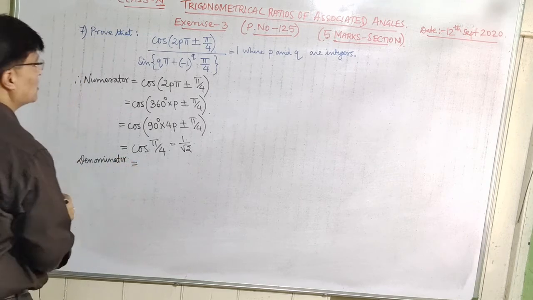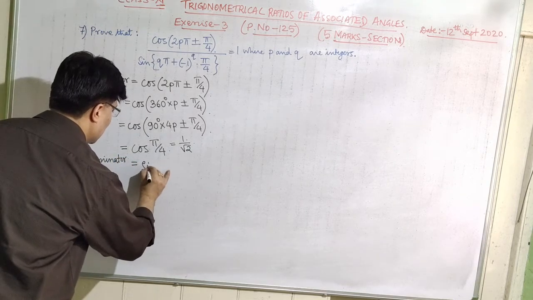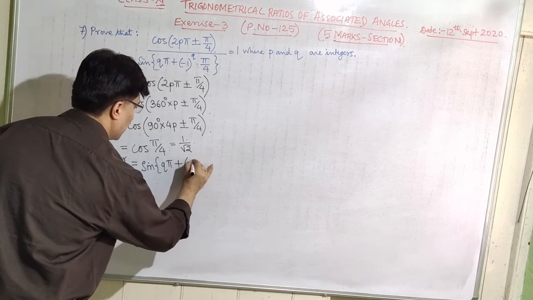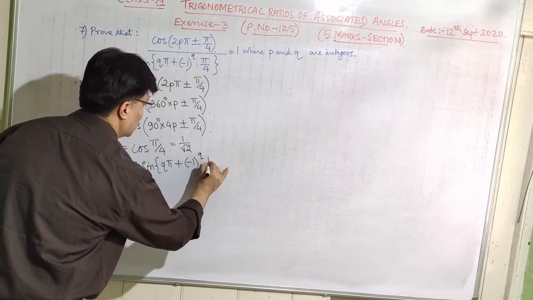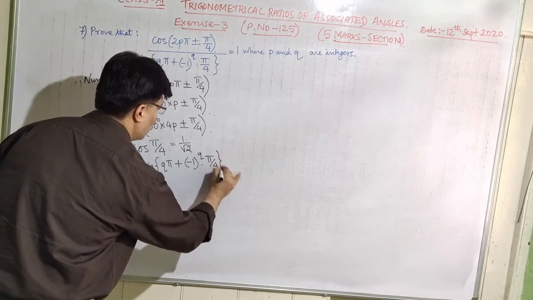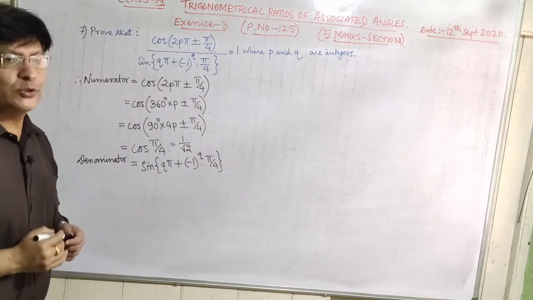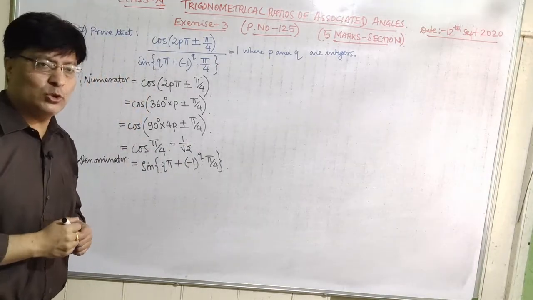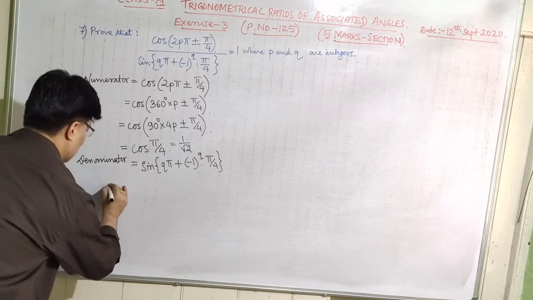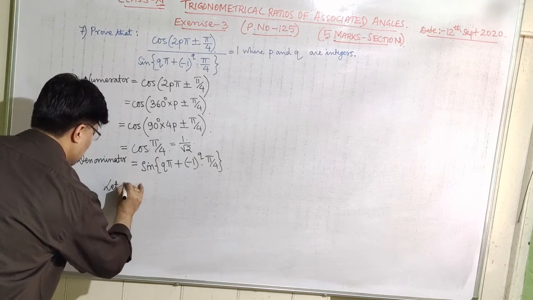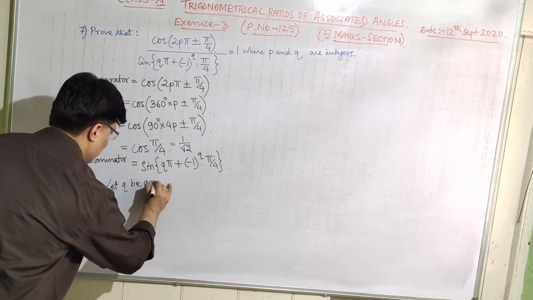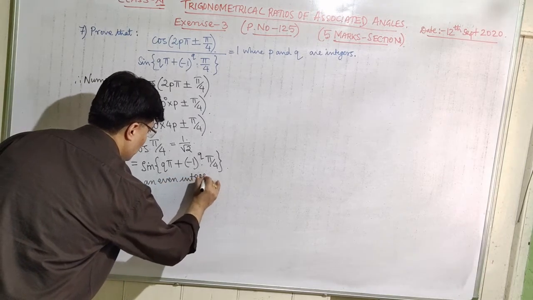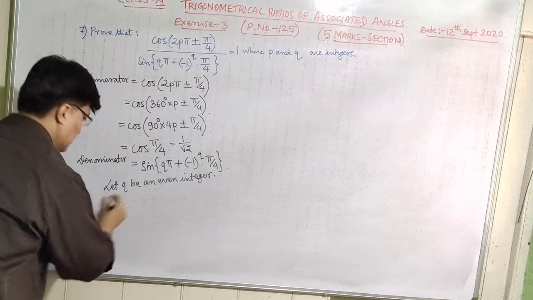So what is the denominator? It is sine of q pi plus minus 1 whole to the power q into pi by 4. Here q is also an integer. Let us assume q is an even integer.